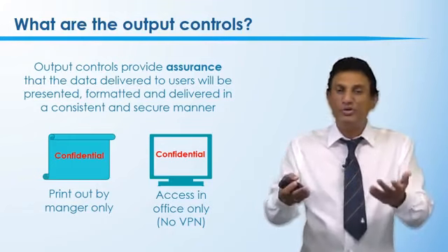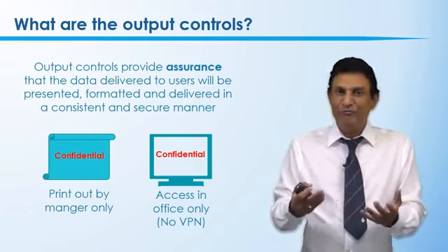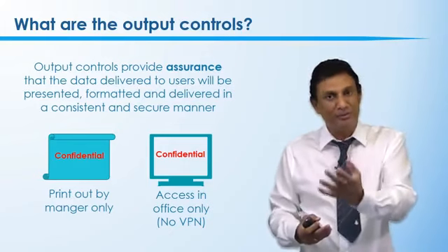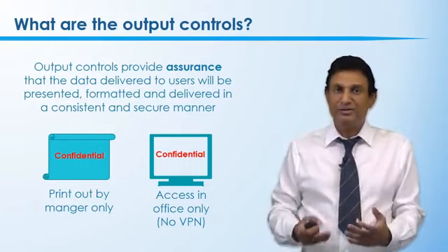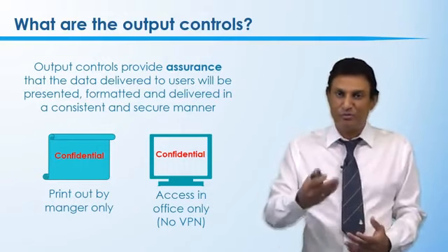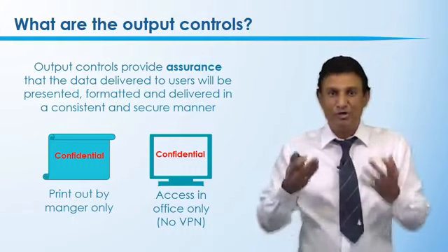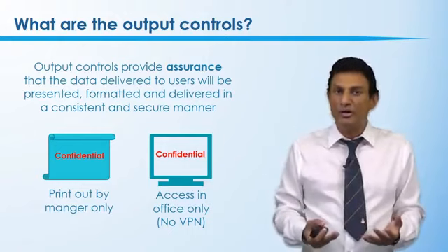Sometimes, if it's confidential data, very sensitive to the organization, you may not use your own printer to print it. You might need to send it to your supervisor's printer, so that when you go to collect the document from the supervisor's office, he would ask you why you are printing this document, whether you are trying to misuse it. That's the kind of control we have.